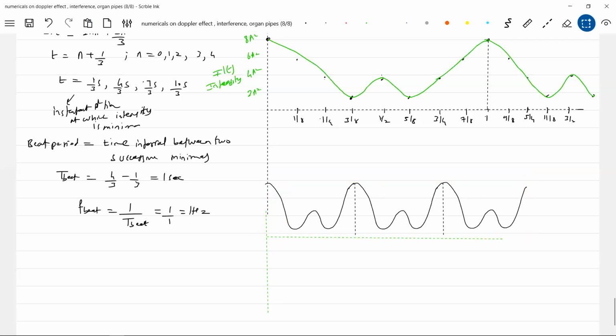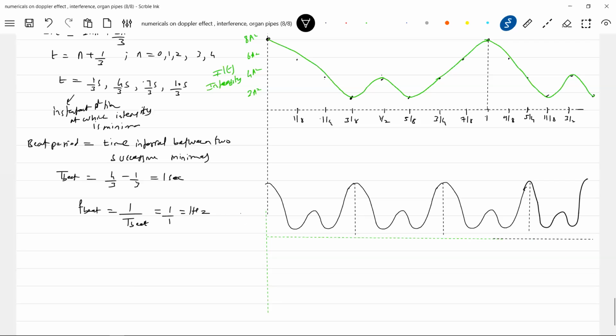Okay, this will be the experimental curve. Like this. A student must have a better picture.